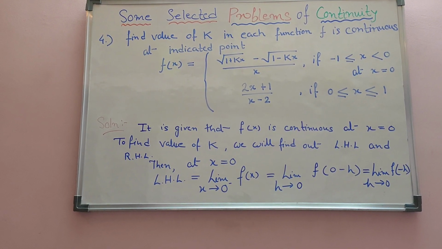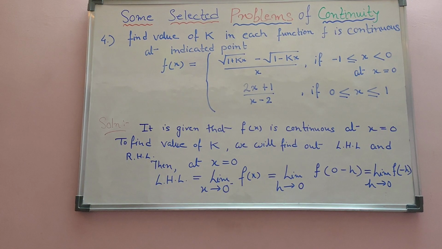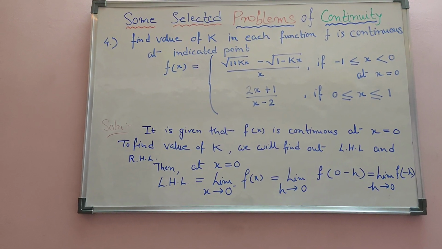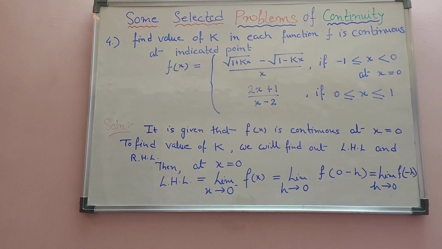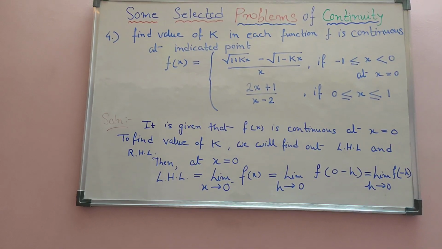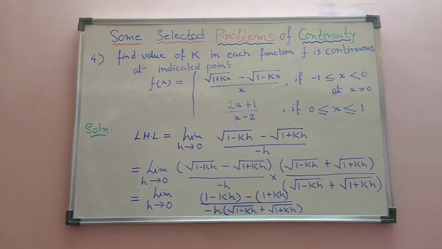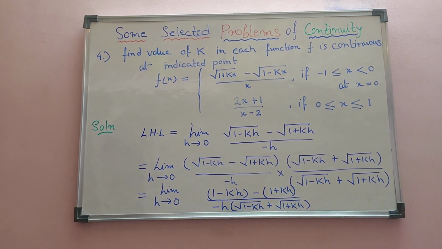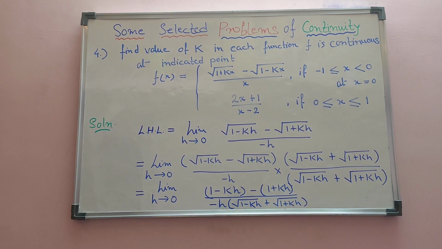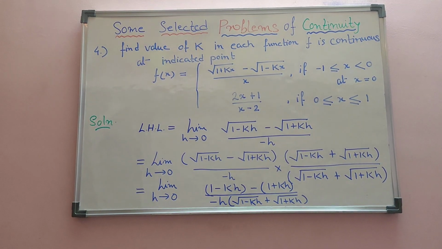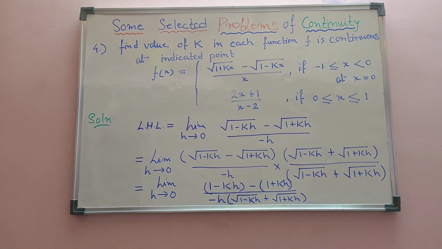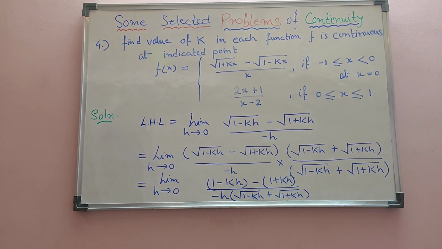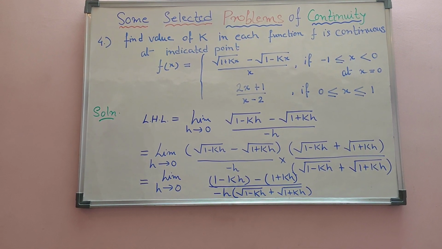Limit h tends to 0, it becomes f of 0 minus h. You know, f of 0 minus h we can write as f of minus h. Now substitute minus h in place of x. The square root of 1 plus kx becomes square root of 1 minus kh, and the square root of 1 minus kx becomes square root of 1 plus kh.